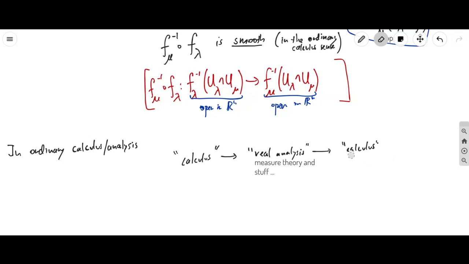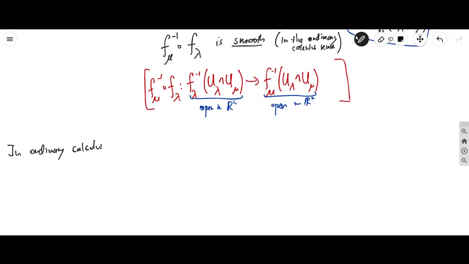And one would say that calculus is closer to what you do when you first go to university and they teach you differentiation, integration, the fundamental theorem of calculus, all of that. And then when you get more mathematically mature, you realize that manifolds are just a generalization of Euclidean calculus. So that's why you go back to saying calculus again.